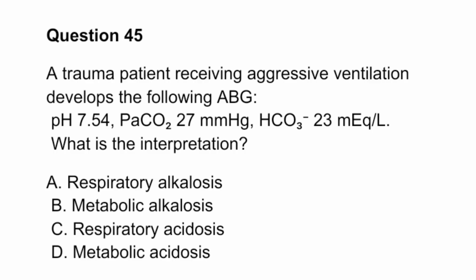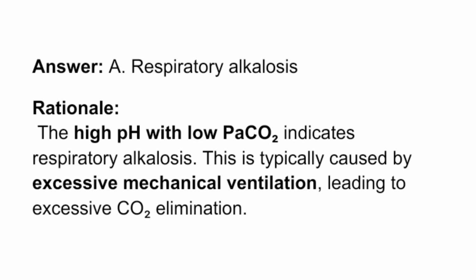C. Respiratory acidosis. D. Metabolic acidosis. Answer: A. Respiratory alkalosis. Rationale: the high pH with low PaCO2 indicates respiratory alkalosis. This is typically caused by excessive mechanical ventilation, leading to excessive CO2 removal.